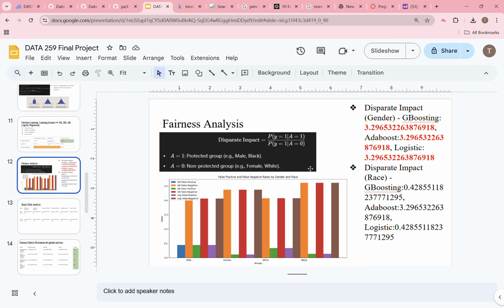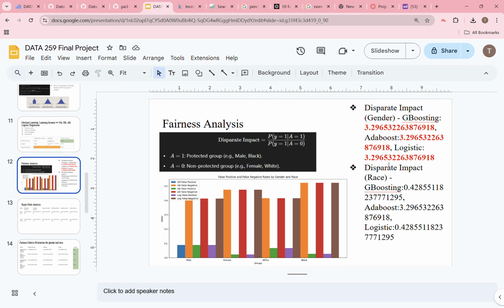First of all, you can see that the disparate impact of all three models is really high. They're 3.3, much greater than 1, meaning that for gender especially, the male samples are way more favored than the female samples.